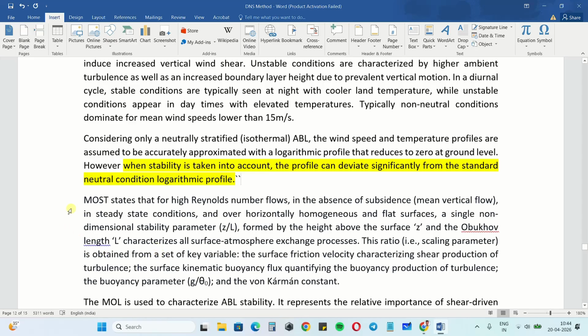Okay, so the theory basically says that under these assumptions you can use a stability parameter derived from the factors of surface friction velocity, buoyancy flux, and one common constant, a parameter that can be used to characterize all surface atmosphere exchange processes.